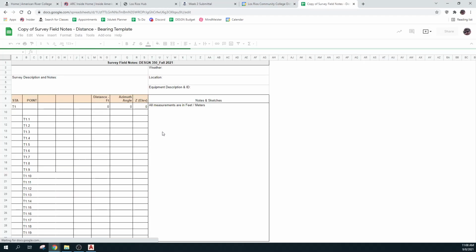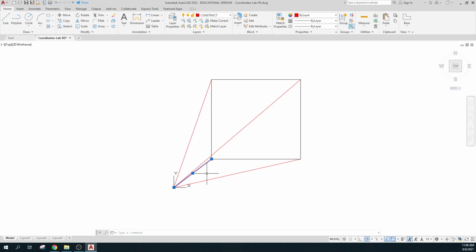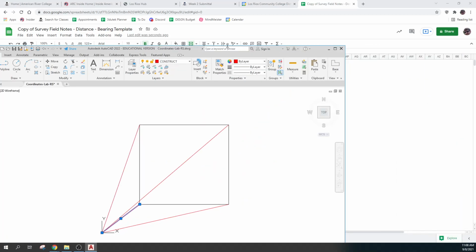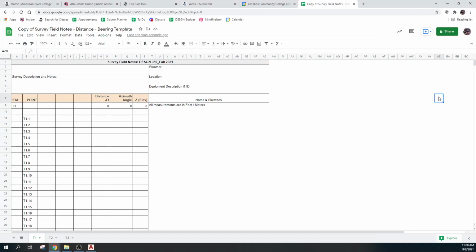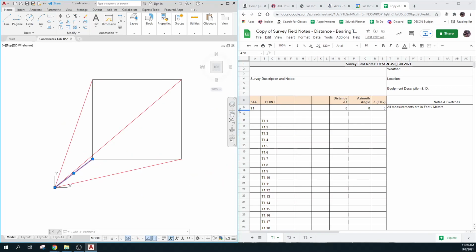So I want to, on this sheet here, which has distance and azimuth angle, I want to take these readings. Okay, so I'm going to put those side by side so you can see them both at the same time. I'm going to squeeze them down just a little bit. Come on, I know it can go over.